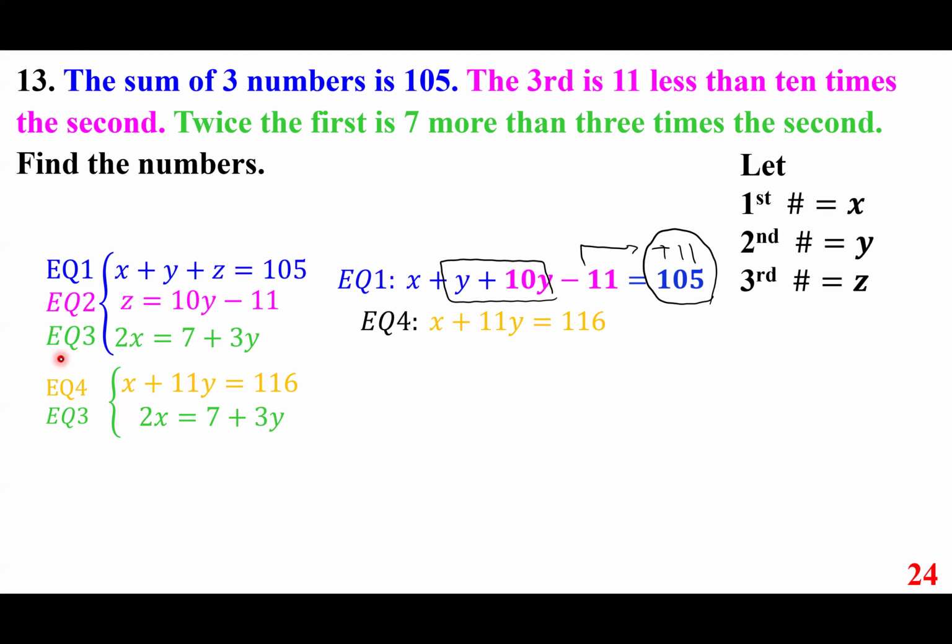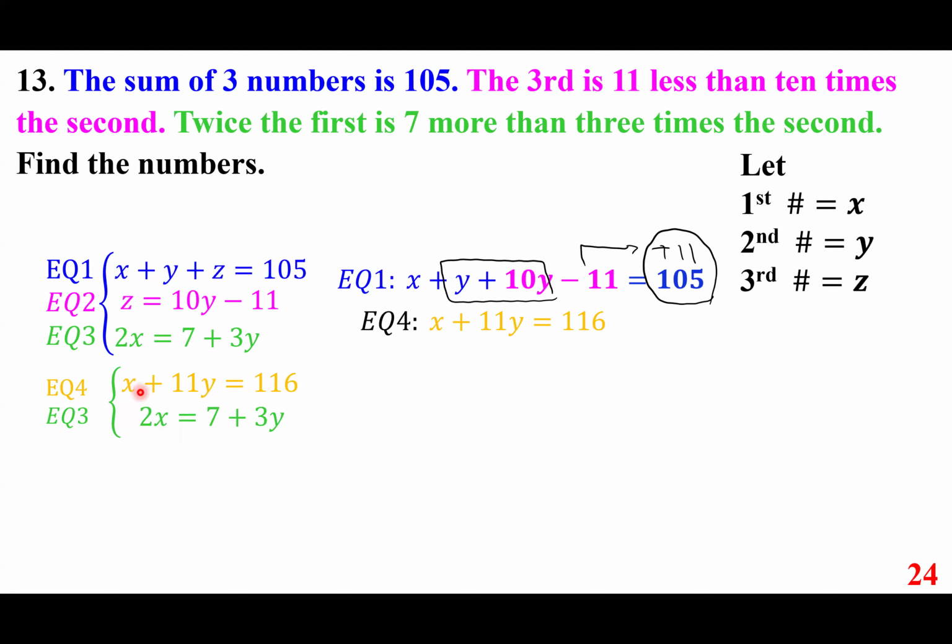Equation 3 is what we had. Now, how do you solve this? Again, one easy way, you notice 2 times x is this one. This doesn't have a 2 times x. If I multiply this one by 2, it gives me 2x plus 22y equals 232.